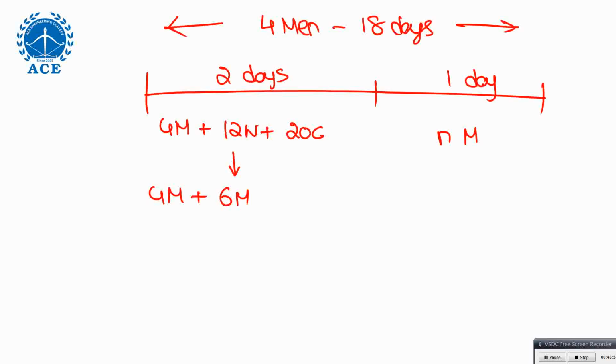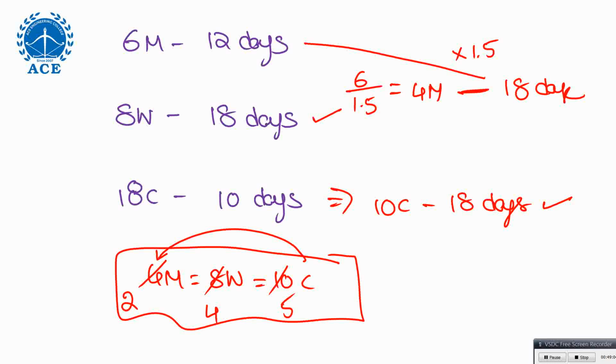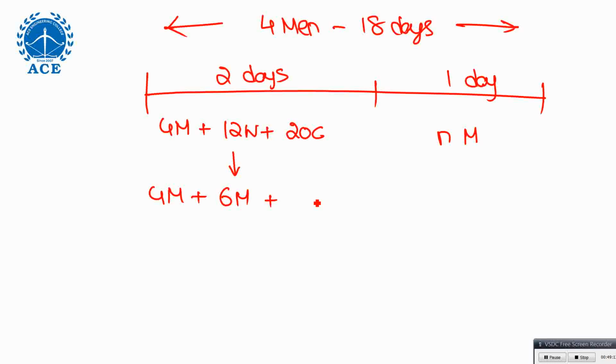Then 20 children equal, 10 is 4, 20 is 8. So 8 men. All together, 4 plus 6 is 10, 10 plus 8 is 18. 18 men can complete the work in 2 days. Still, how many men are required to complete the work in 1 day?